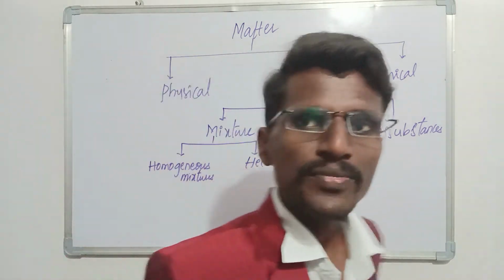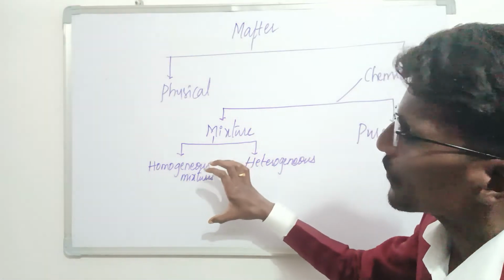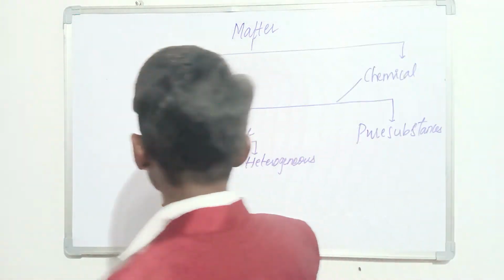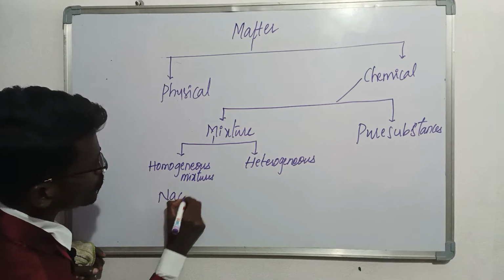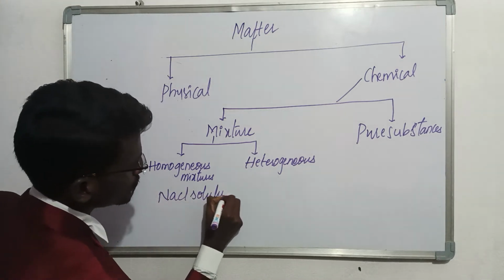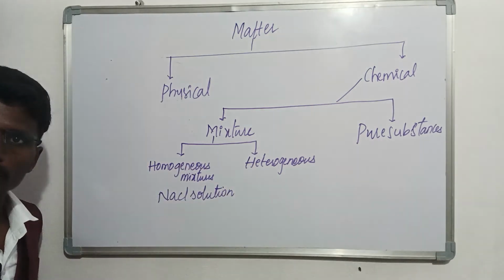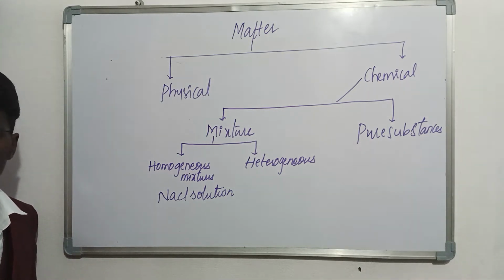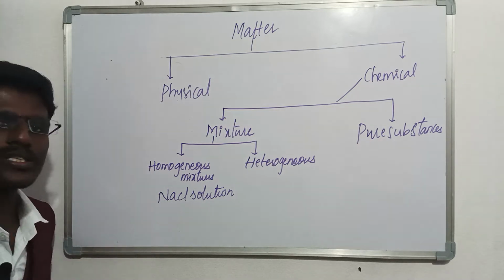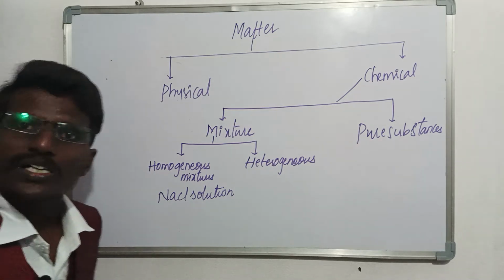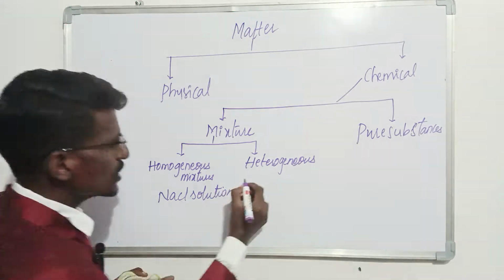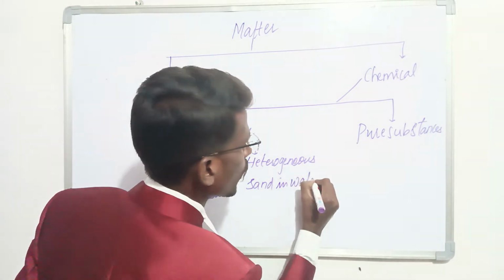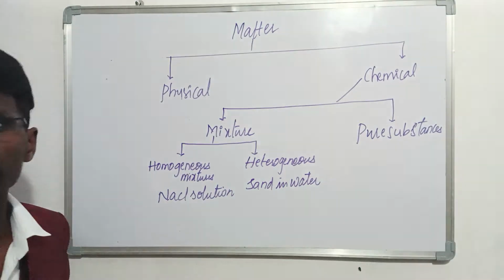Homogeneous means the constituents are dissolved homogeneously. For example, sodium chloride solution is an example of a homogeneous mixture. Coming to heterogeneous mixture, for example, sand in water, which is not equally distributed.